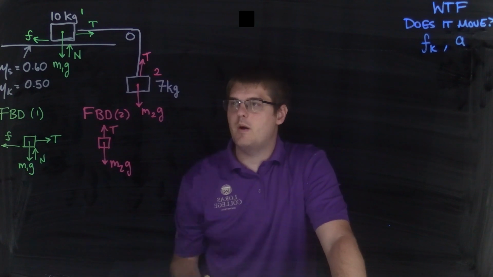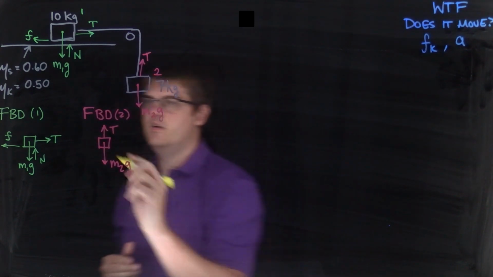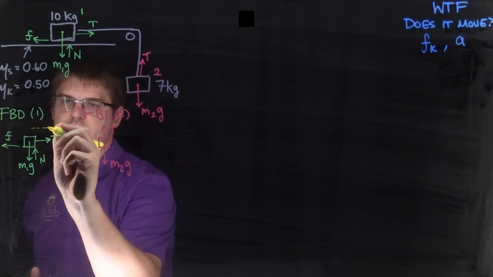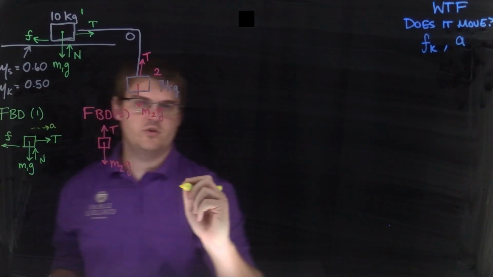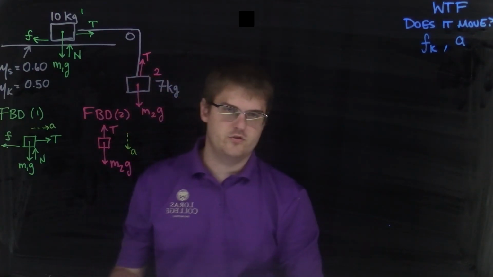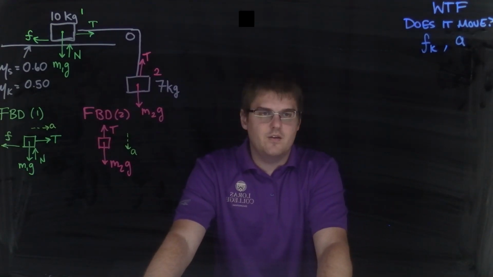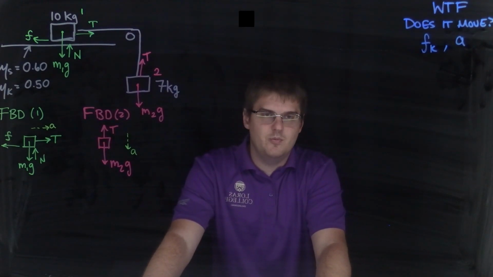Now, if we think about what's going on here, when we get to the second condition, we start moving. Acceleration is going to happen in this direction. Acceleration is going to happen in this direction. And those accelerations are going to have to be the same. This is where I was saying that movement of one side of the rope has to be movement of the other.